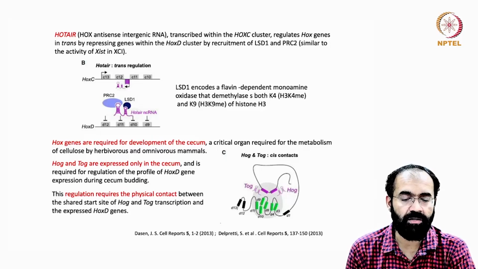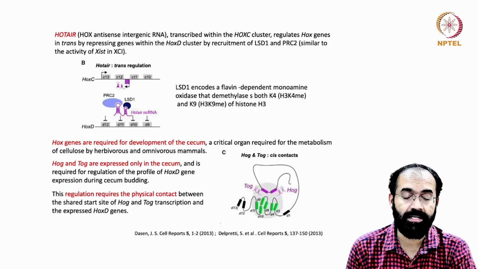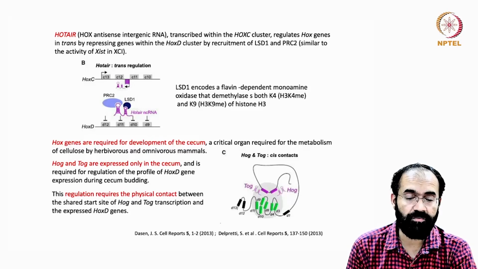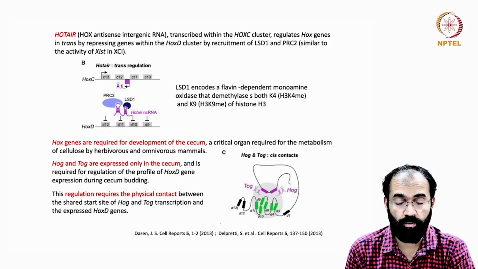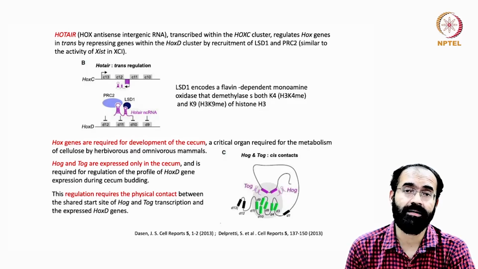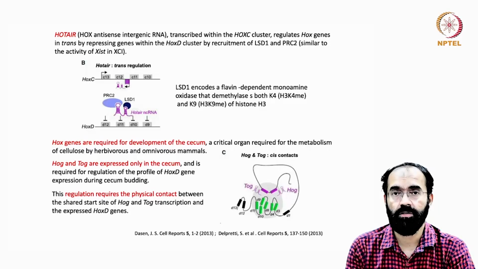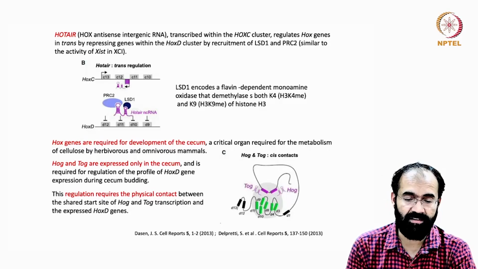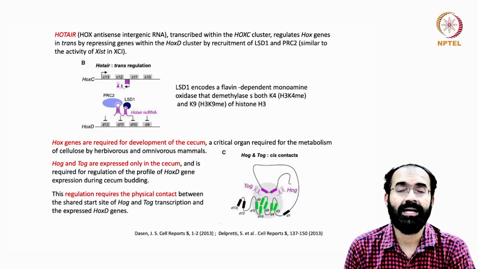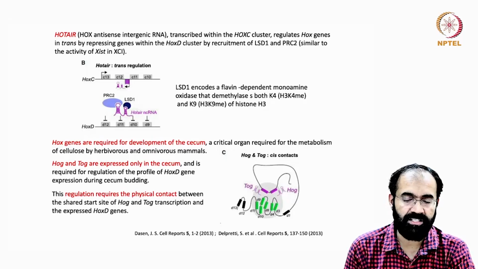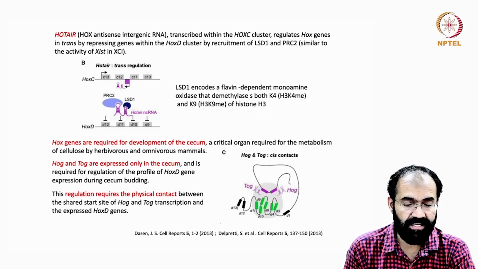So HOG and TOG are expressed only in the cecum and are required for the regulation of the profile of HOXD gene expression, and that is required for cecum budding, meaning it forms like a small bud during embryonic development. So we should understand that HOG and TOG can critically control the expression of HOXD.